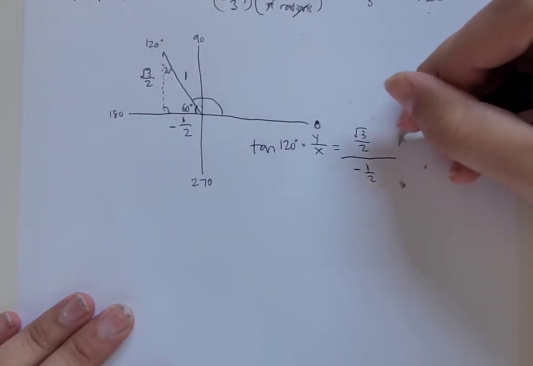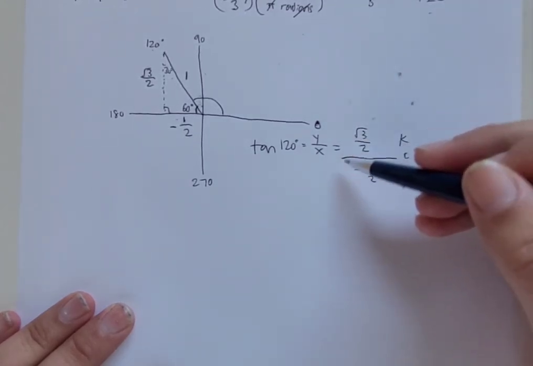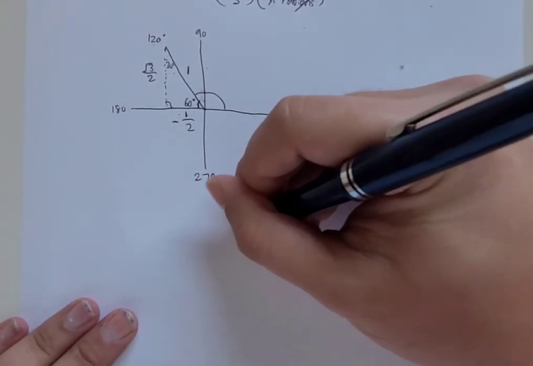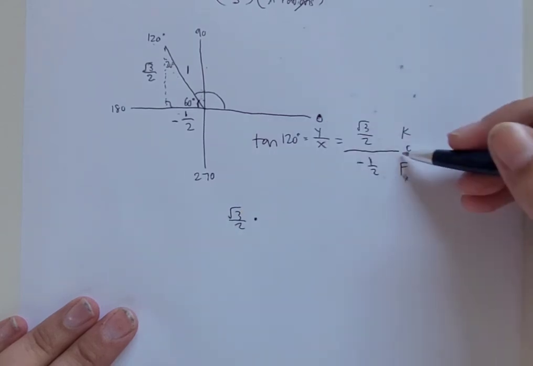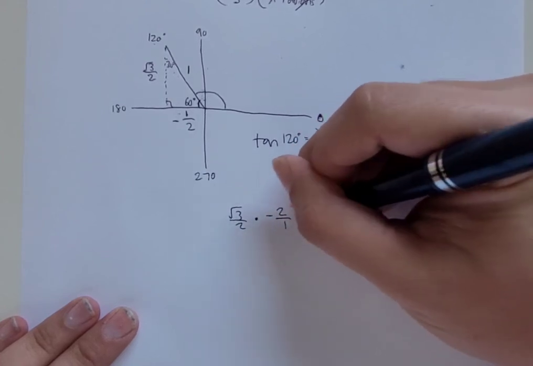And then if we remember, I'm going to do keep, change, flip to figure out what this ratio is going to be. So I have radical 3 over 2 times, because I changed division to multiplication, negative 2 over 1.